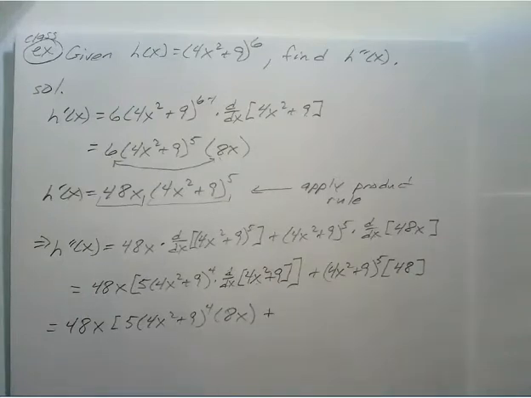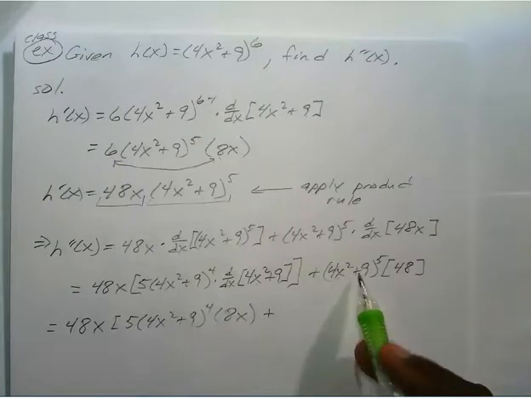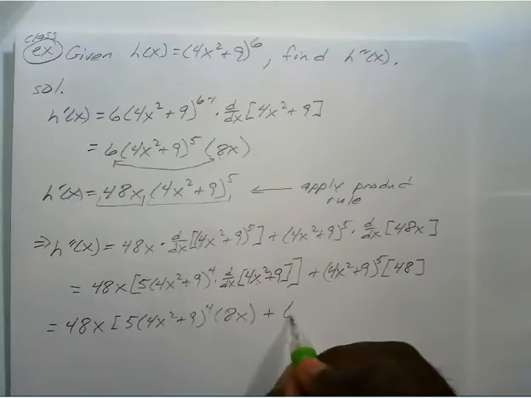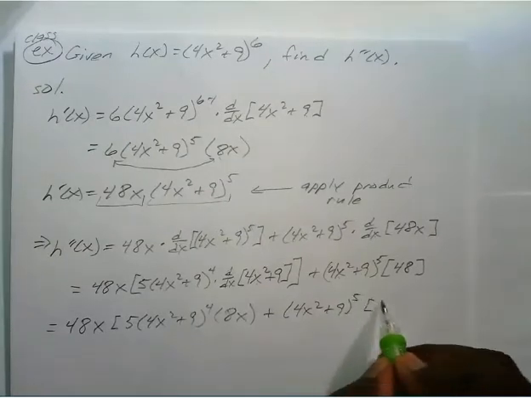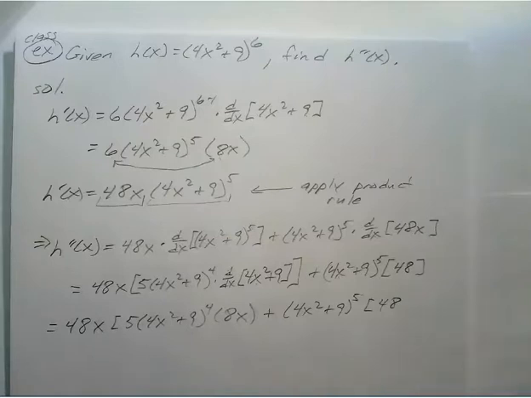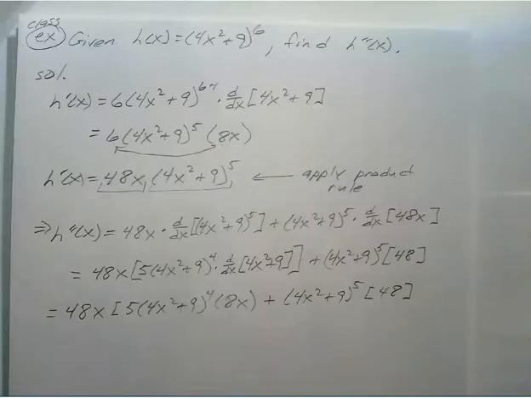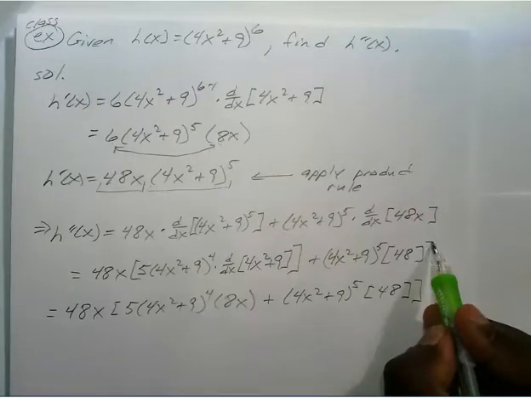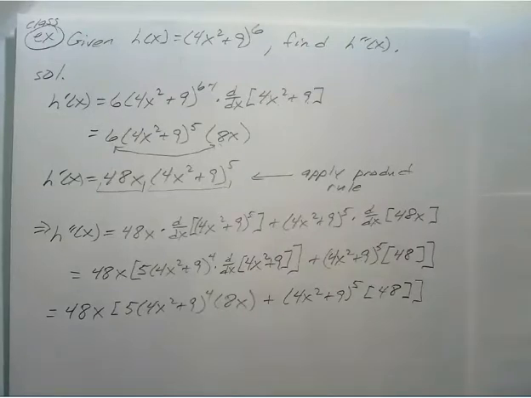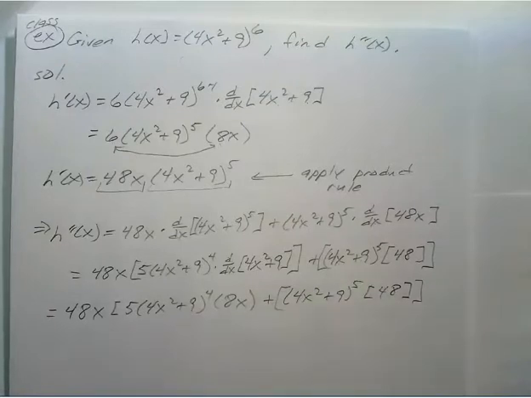So that's plus, you have the (4x squared plus 9) to the 5th power times 48. And close that up. And there we go, just to make that nice and together.